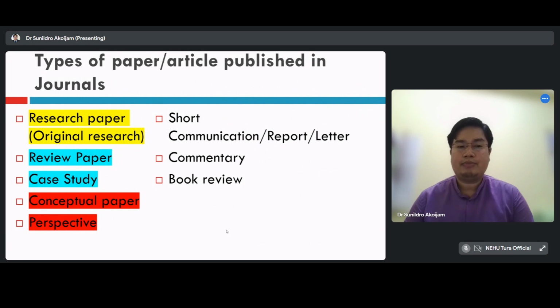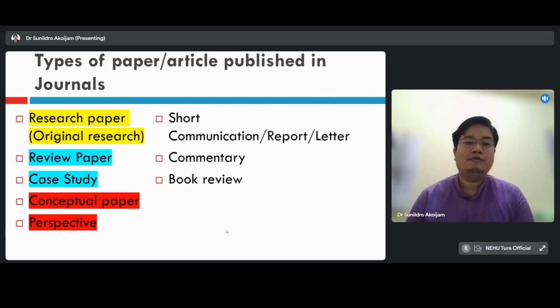What are they actually? A review paper comprehensively discusses the various researches that have been conducted in a particular domain, and accordingly you identify the research gap and the future direction of research.